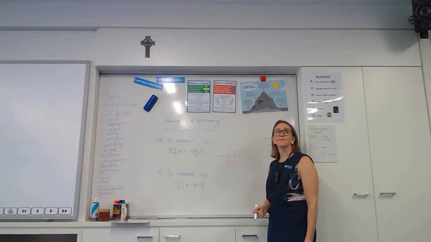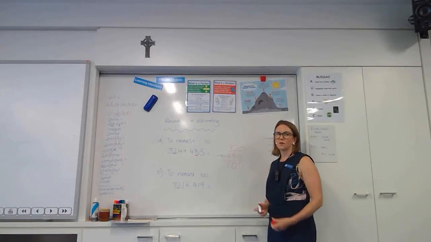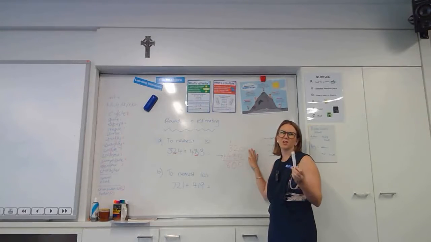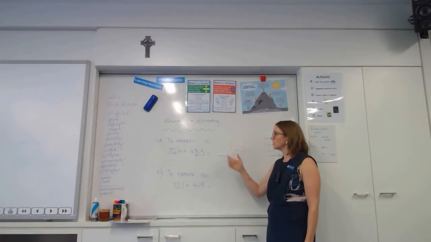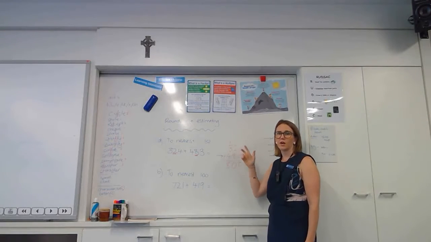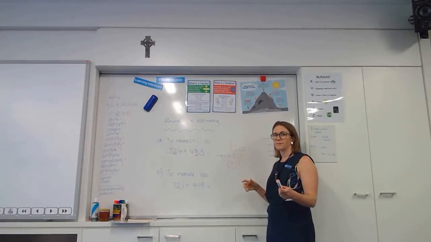Wait, the closest is 10, but it's 807, so wouldn't it be? Yeah, but because I already rounded it, it's going to be a little bit different to the actual answer. So in this case, I haven't asked you to actually work it out, just round and estimate.